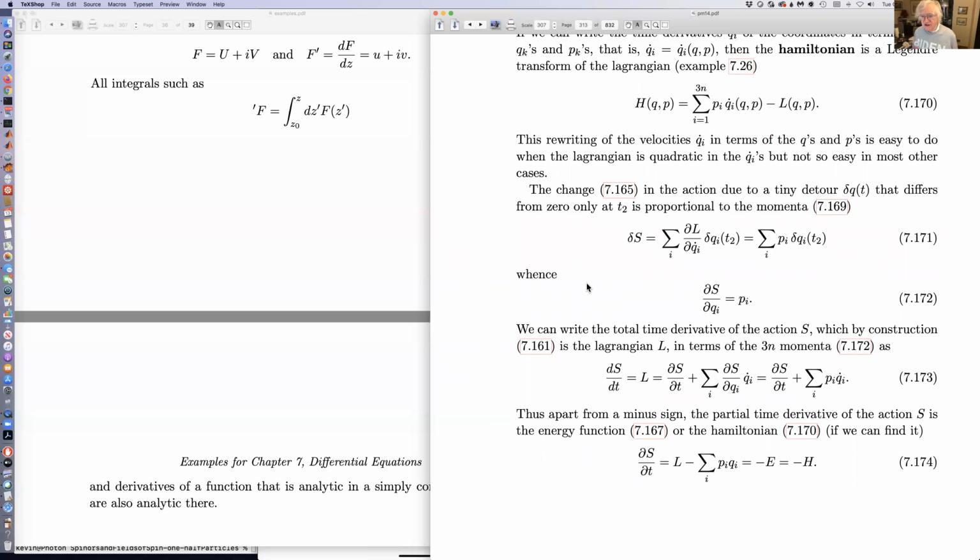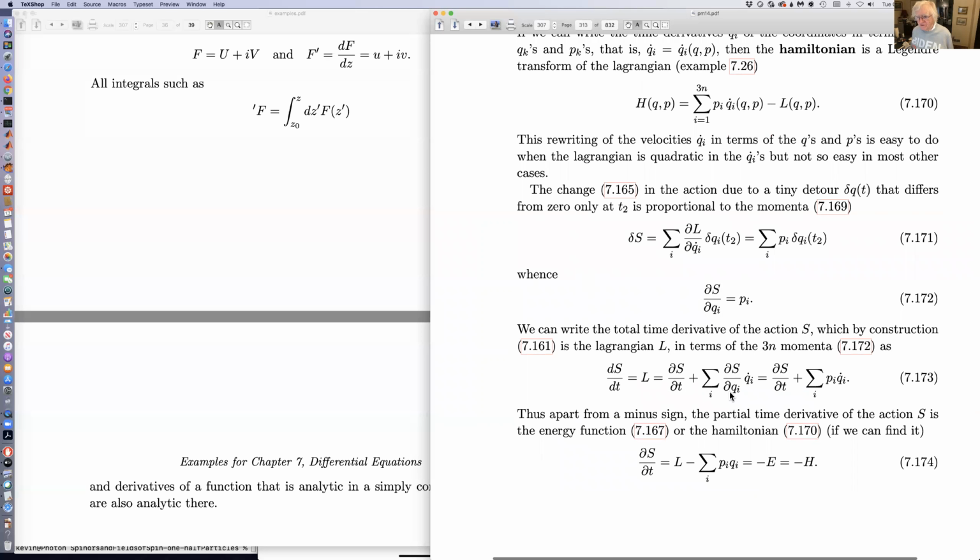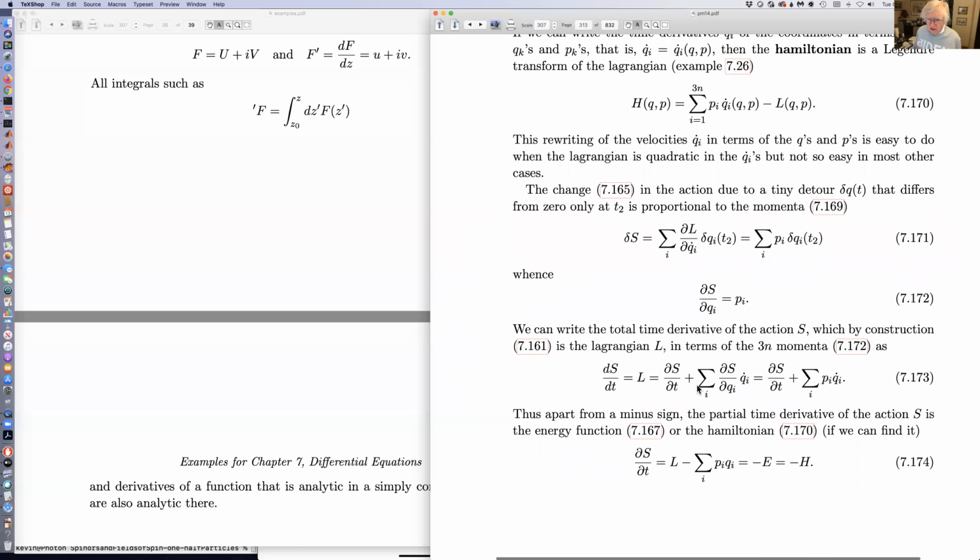And that tells us then that the partial derivative of the action with respect to the final coordinates are the momenta. And so that's a nice expression. We can also write the total time derivative of the action, which is a Lagrangian, in terms of the 3n momenta this way.